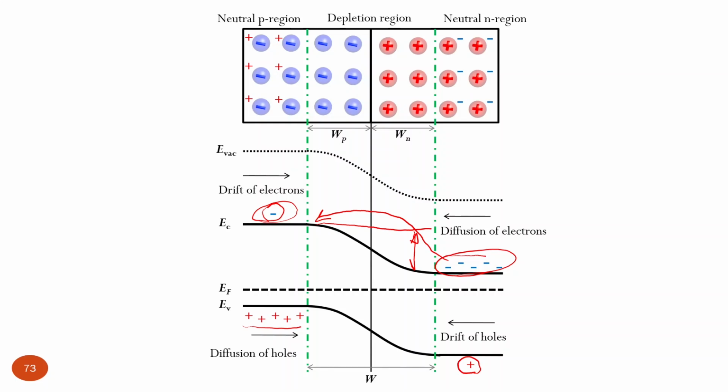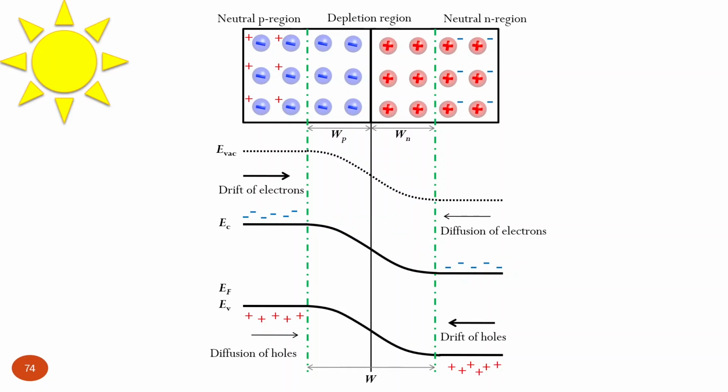They want to go because of the concentration gradient, but this potential barrier, which is q times V_BI, doesn't let them do this. So these guys you should know. Now, that's what we have in the dark, thermal equilibrium condition.